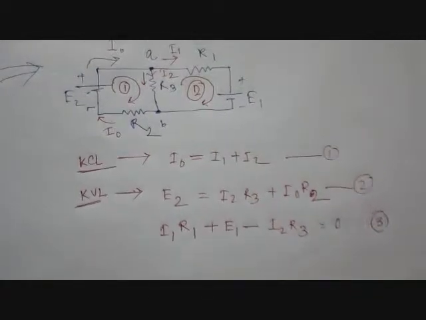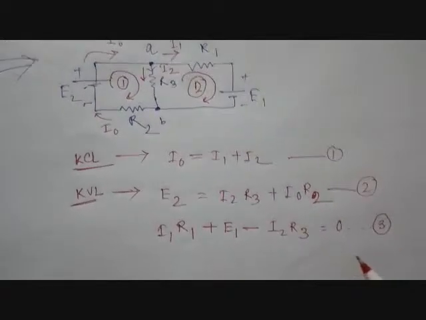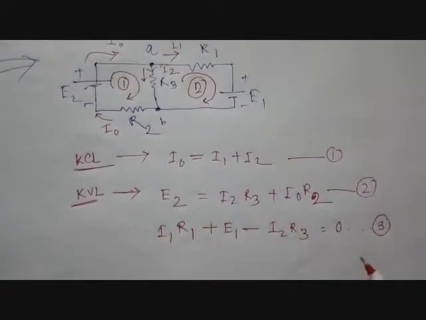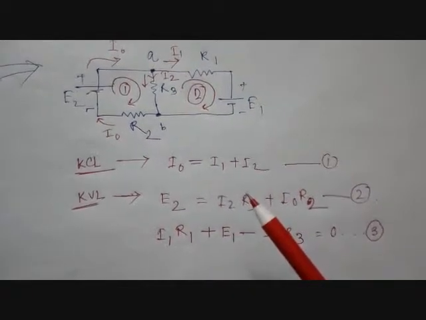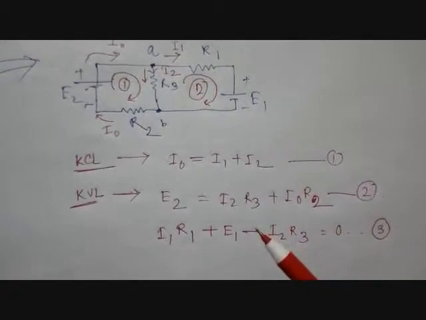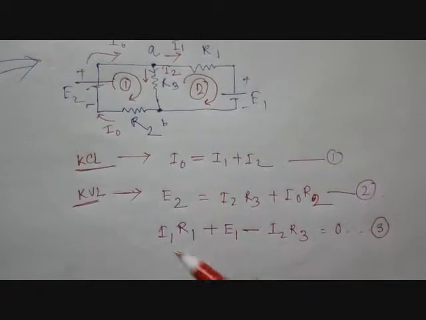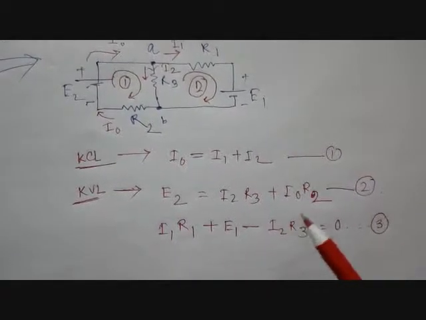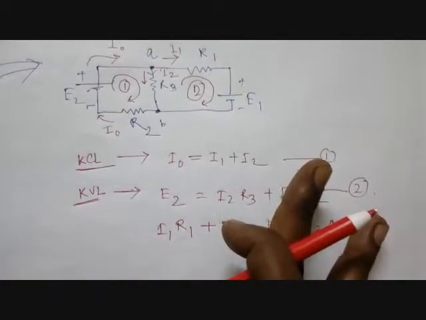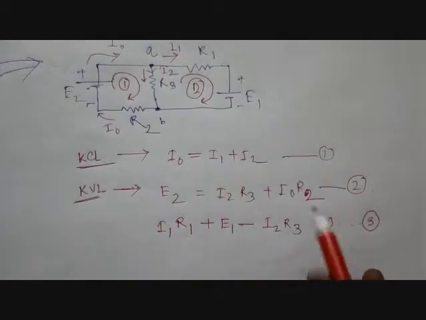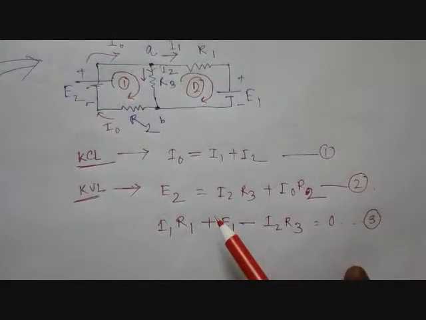To solve that problem, we need to find out the I2 from that equation. If you just solve that equation by a simple algebraic method, you have three equations in your hand.